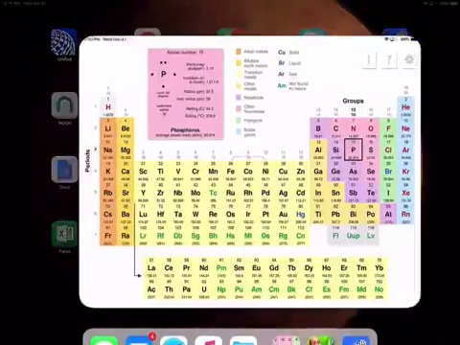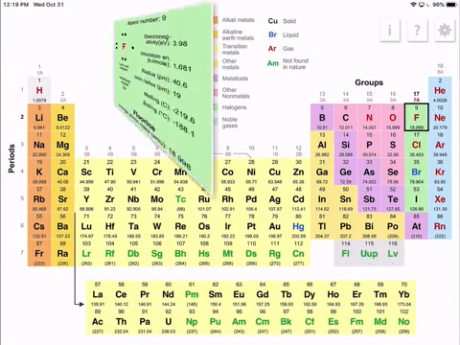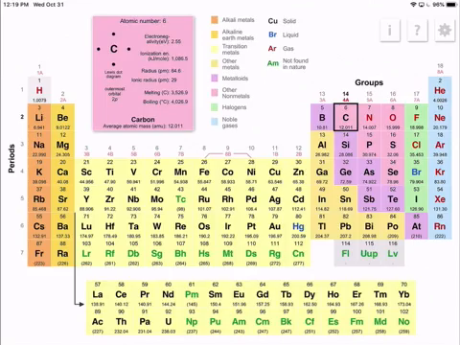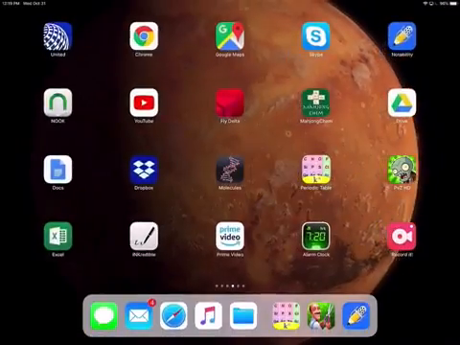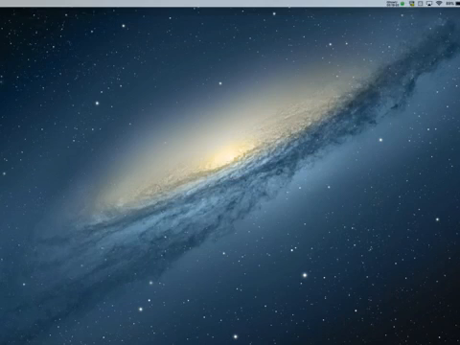What do I mean by original? Oxygen has 6 originally because it's got 6 valence electrons. Fluorine has 7, neon has 8, nitrogen has 5, carbon has 4, and so on. And that's what I've written up there in the colors.